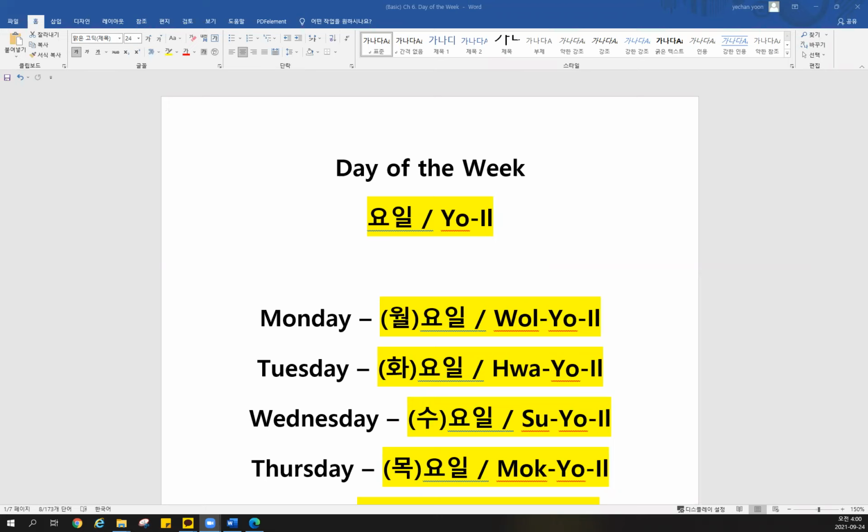So today we're going to learn about the day of the week. For the day of the week, you can say 요일. 요일. I hope you can understand today's class, but if you can't, you need to know some basic knowledge about Korean.